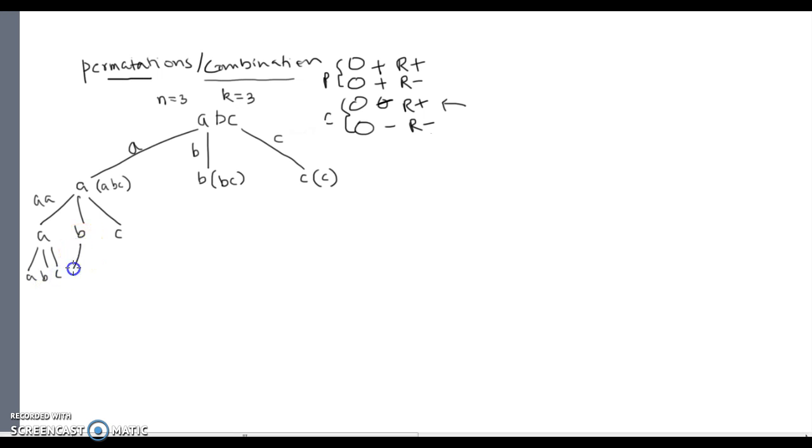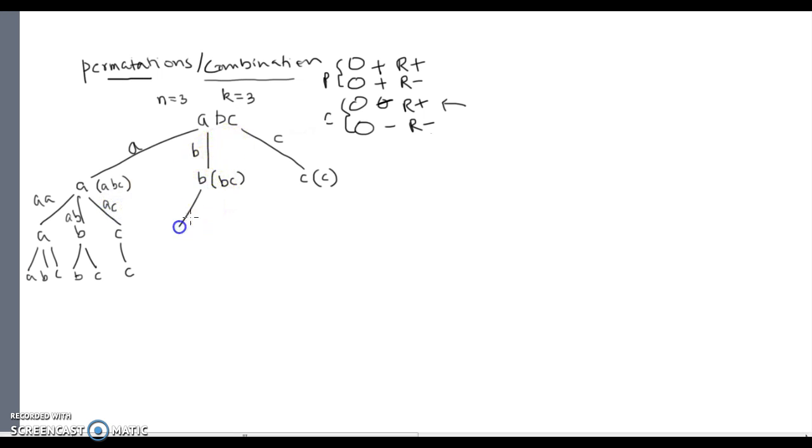And similarly for B, like we have here, it can either give us a B or a C, and eventually C can just give us C. So this is a branch with AB, and this is a branch with AC.